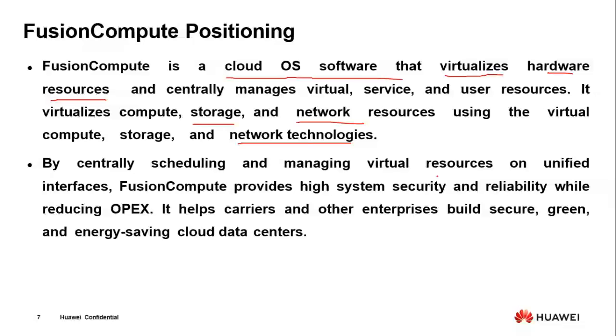All these can be virtualized. Then we also have scheduling and management of virtual resources, which it does in a unified interface that is called VRM. We will discuss this in the next slide.